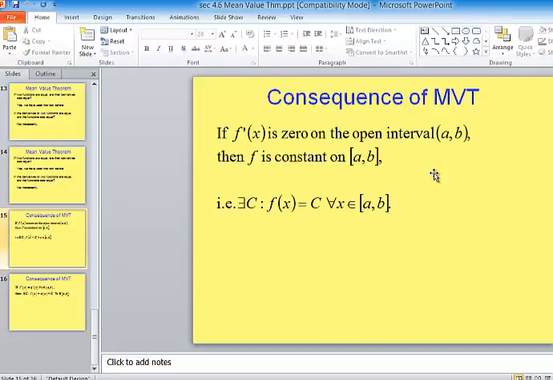Here's the first consequence of the mean value theorem. So suppose that the derivative is equal to 0 on an open interval. Then what I can prove is that f has to be constant on a closed interval. Okay?